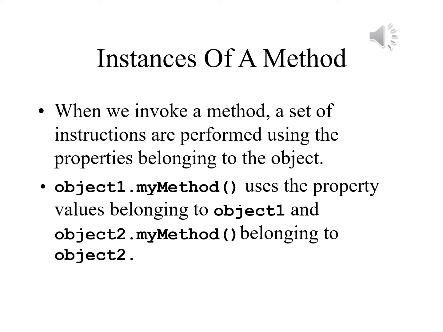When we talk about an object owning a particular method, what we're talking about is an instance of this method existing where it will by default use or have available for it to use all of the properties belonging to that particular object. If I have another object of the same class also calling the same method, the data that it will be using will belong to that other object.